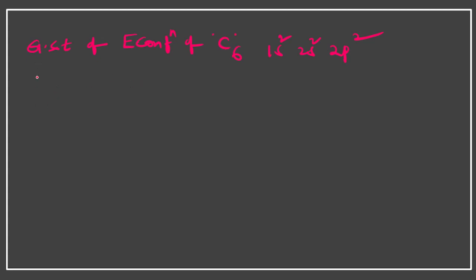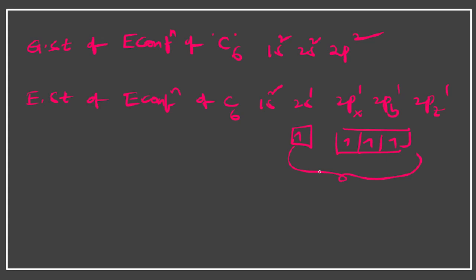Have a look at the excited state electronic configuration of carbon atom. It is 1s2, 2s1, 2px1, 2py1, 2pz1. Four electrons are available for bond formation, so it shows tetravalency.